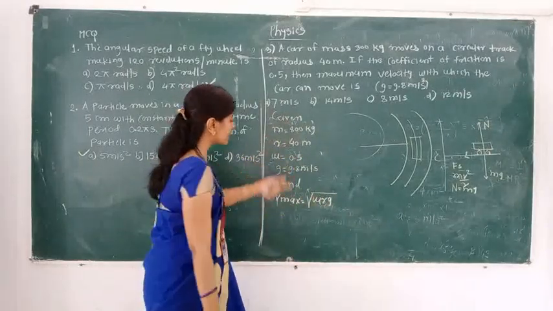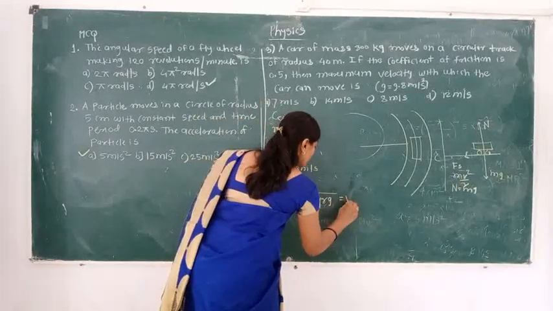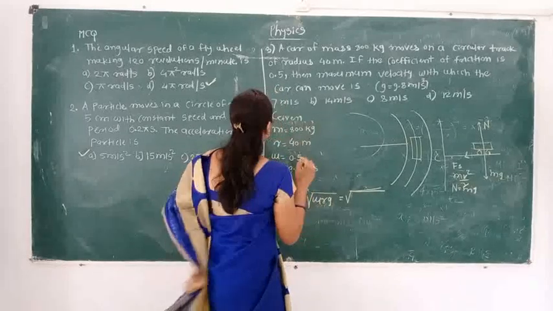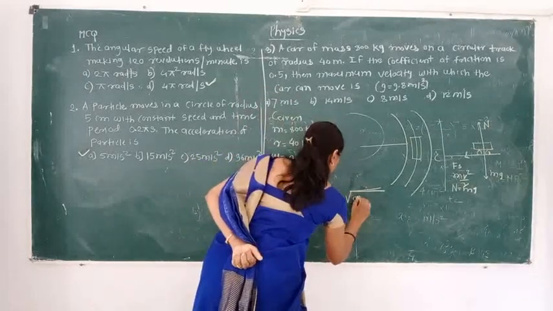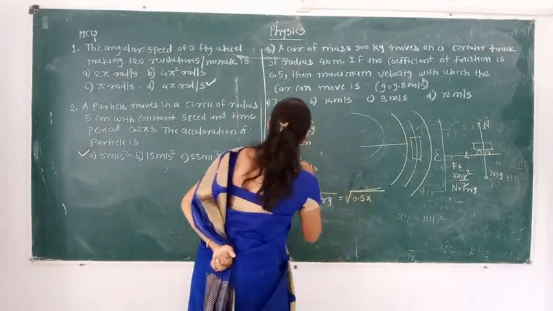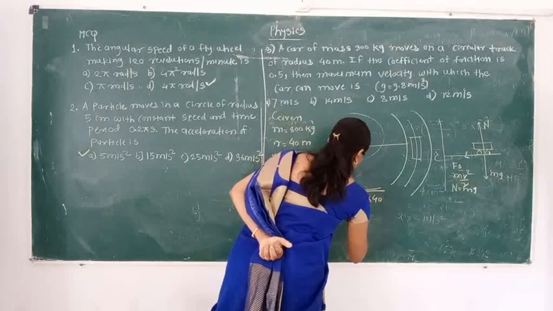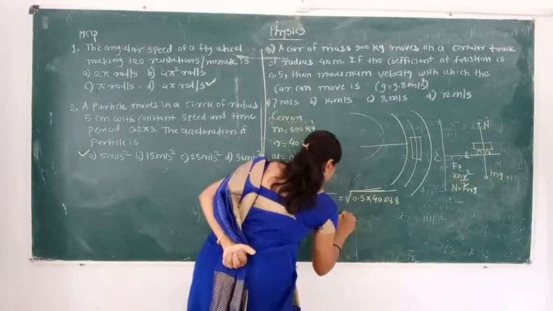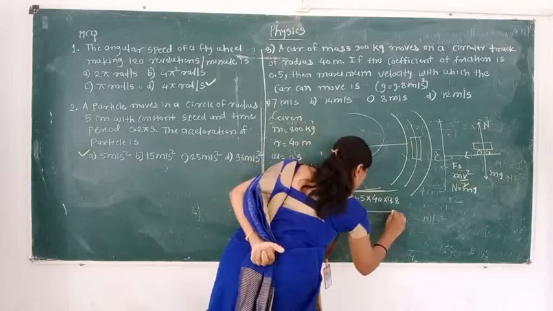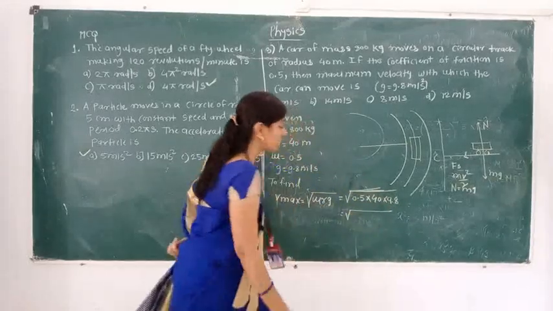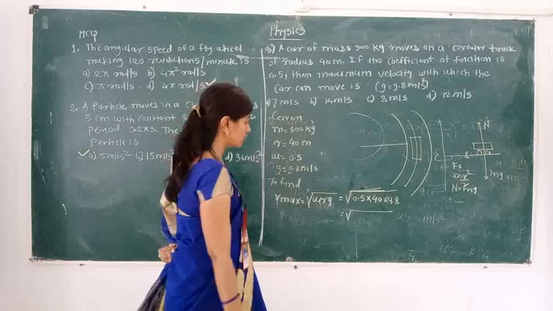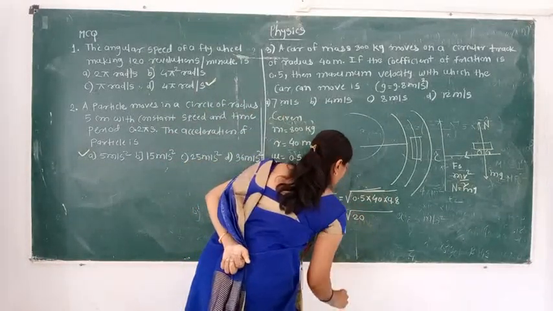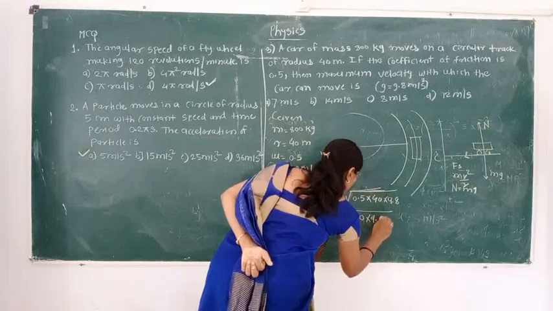अगर हम देखेंगे तो सारे वैल्यूज हमारे पास हैं. बाय पुटिंग ऑल दिस वैल्यूज, μ इज नथिंग बट 0.5, r is 40 and that acceleration due to gravity it is 9.8. Simple mathematical calculation is there. Here when 5 multiplied to 40 it will become 200, but by that decimal point it will become 20 into 9.8.